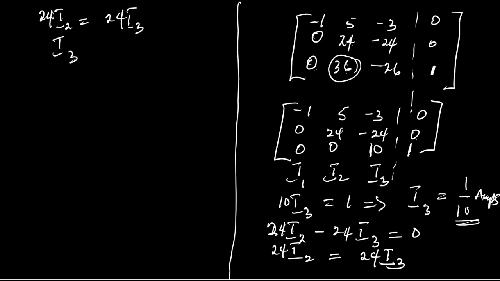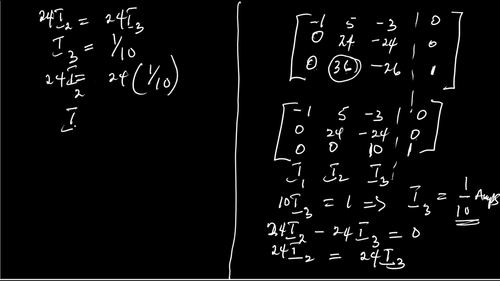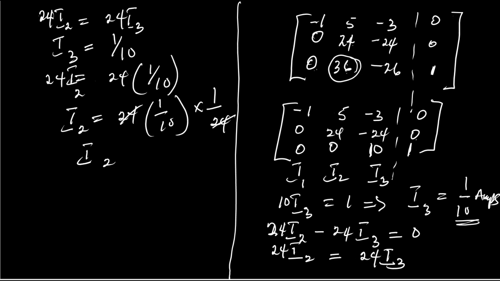We've gotten I3 to be equal to 1 over 10, so I can easily substitute. 24 I2 will be the same thing as 24 into 1 over 10. So I2 is equal to 24 into 1 over 10 times 1 over 24. 24 cancels 24. I2 also is equal to 1 over 10 amps.